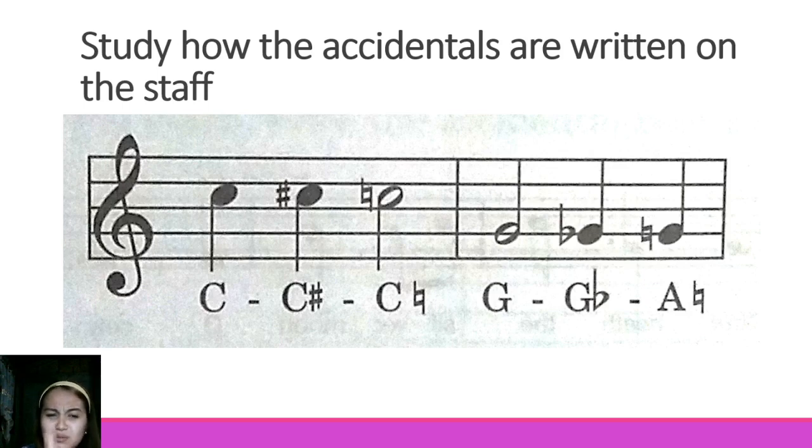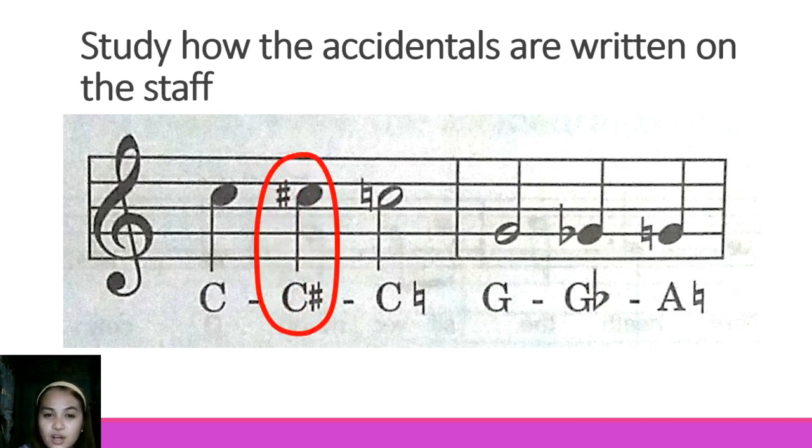This one is C, placed on the third space. If there is a sharp, it becomes C sharp. This note has a natural symbol, so it is C natural. So let us see the next example.